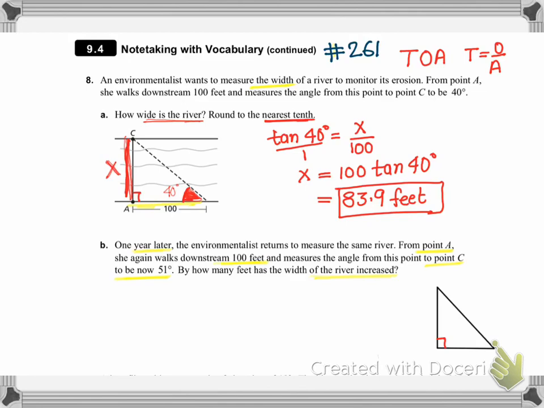If this has been a river, something like this, this time the angle, instead of 40, is 51 degrees. We have to find the width of the river.